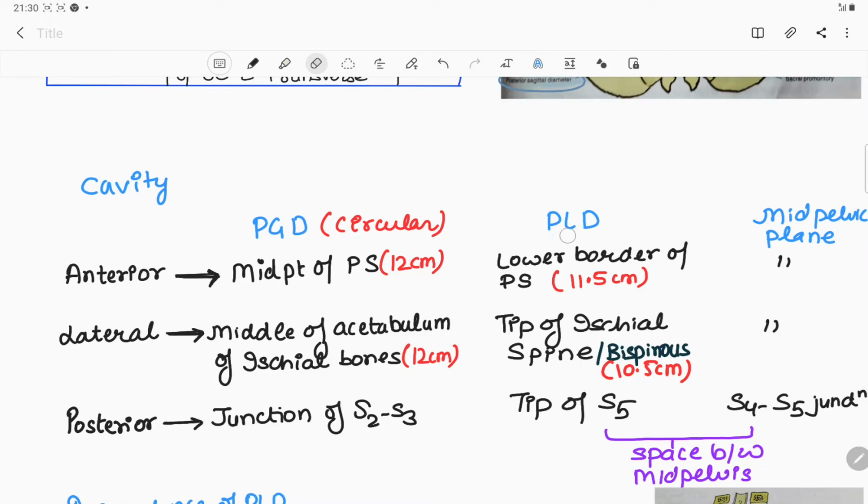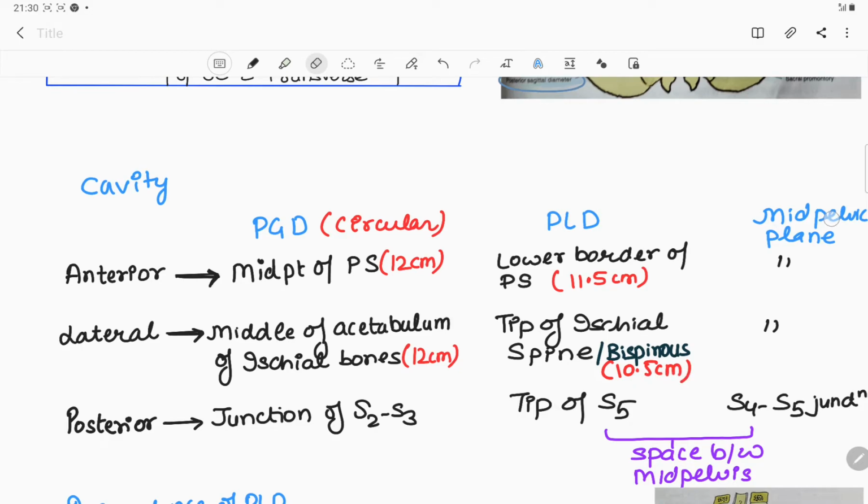Then what is the plane of least pelvic dimension? It is anteriorly bounded by the lower border of the pubic symphysis, laterally by the tip of the ischial spine and posteriorly by the tip of the S5 vertebra. The AP diameter of the plane of least pelvic dimension measures about 11.5 centimeters and the transverse diameter or bispinous diameter measures about 10.5 centimeters.